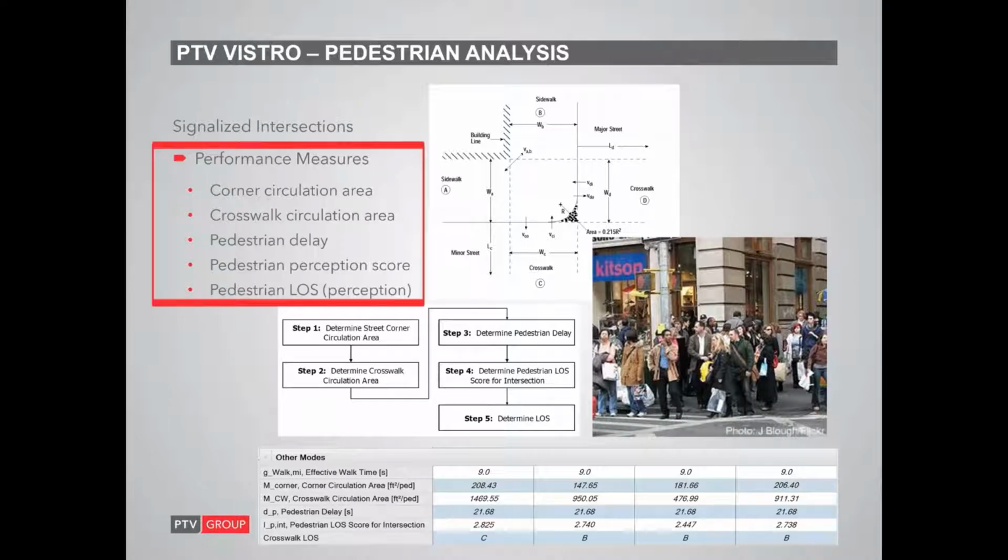These are the 5 in these bullets: a corner circulation area, a crosswalk circulation area, the pedestrian delay, and also a perception score for how well the pedestrians perceive their quality of service at the intersection, and then a level of service grade based on that perception score. That was part of the multimodal research that went into the Highway Capacity Manual a few years ago.